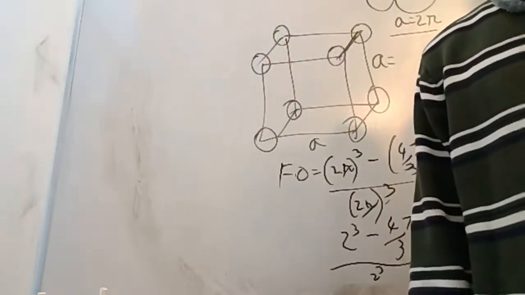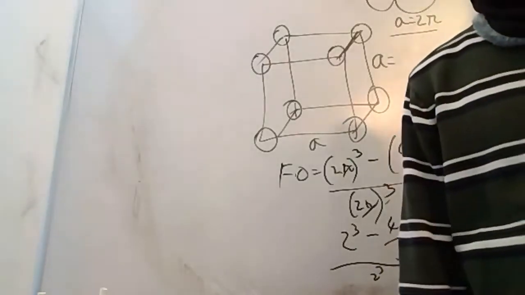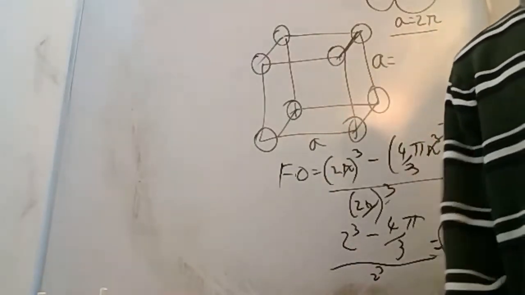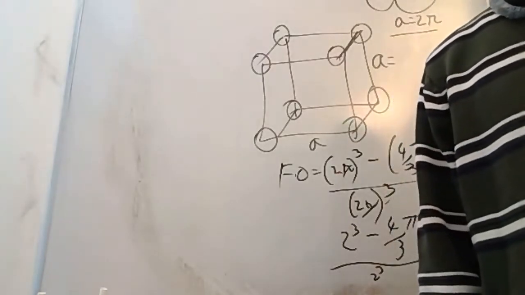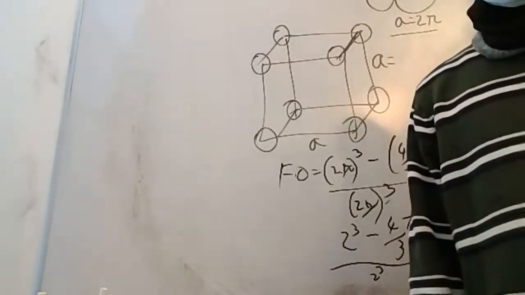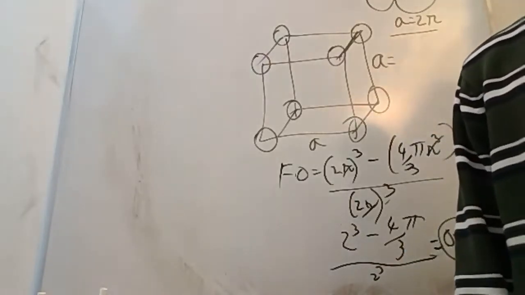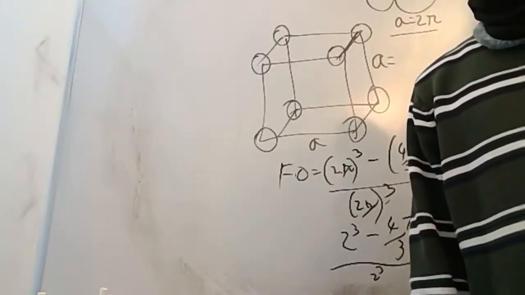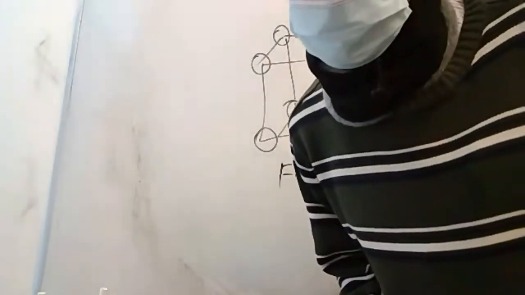There may be other forces, but in general, the majority of the structures that you see are hexagonal close packing, cubic close packing, or body centered. Very rarely do you see a primitive cube except polonium. Am I making sense here? Questions up to this point? Anything that's not clear?